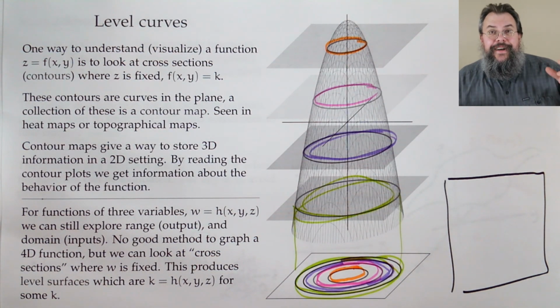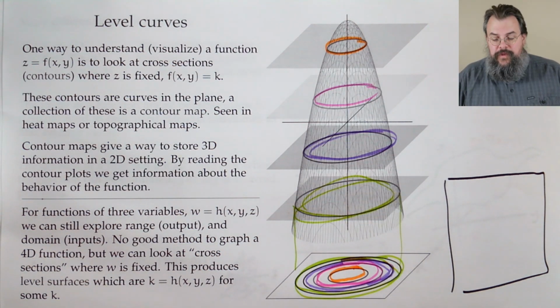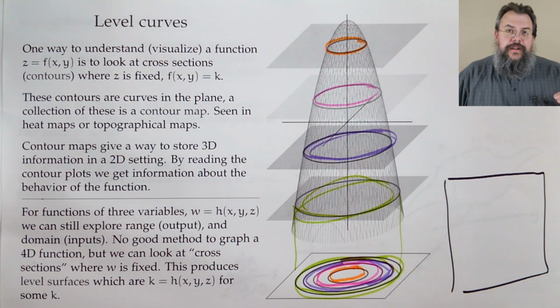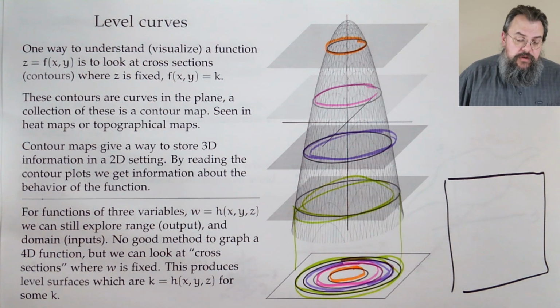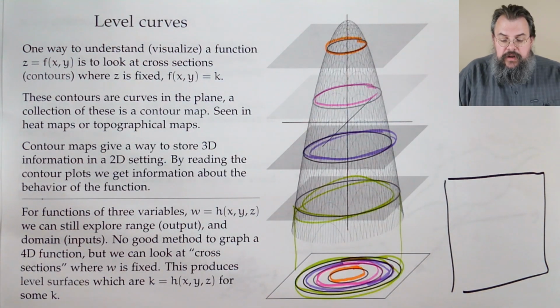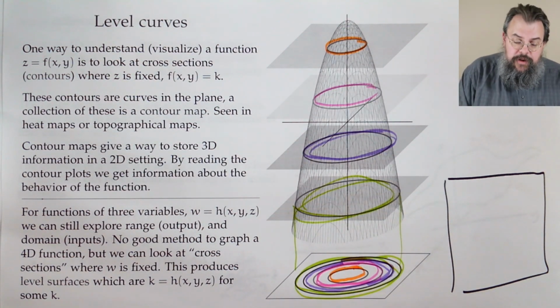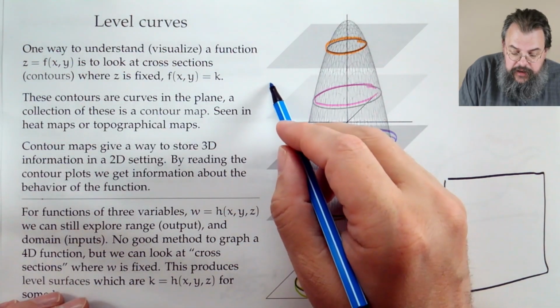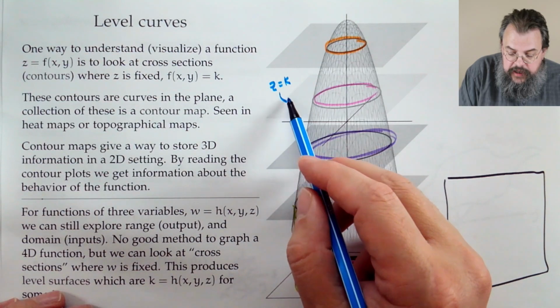So let's step back. I've been talking about level curves, so let's be really explicit about what a level curve is. Our goal in level curves is trying to find a way to visualize something in 3 dimensions in a 2-dimensional way. So what we do is we say, well, look, let's fix a height. So when we're talking about slicing, we're really talking about taking a plane, something of the form z equals k. So that's this plane here.